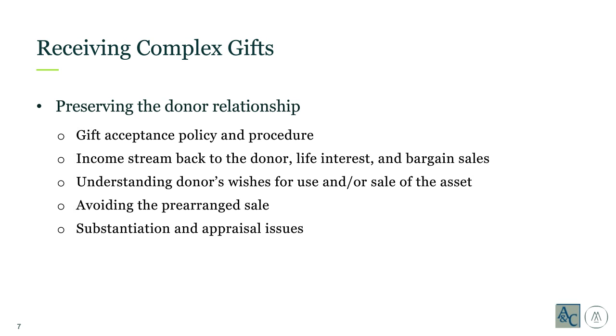And then, as I mentioned, charities also need to make sure that they've educated or managed the expectations of the donor about their own tax benefits. This comes up particularly in the situation called the prearranged sale issue. This is where the donor has already taken some steps to market or sell an asset before making the charitable gift.